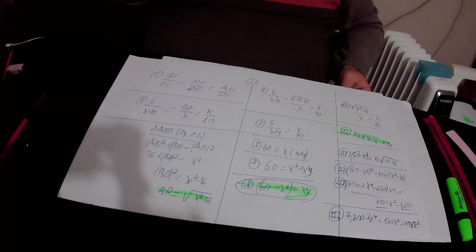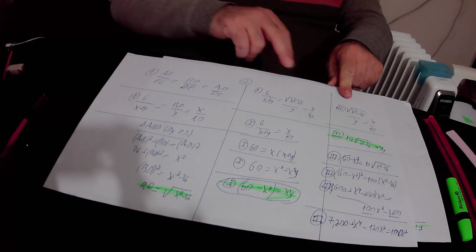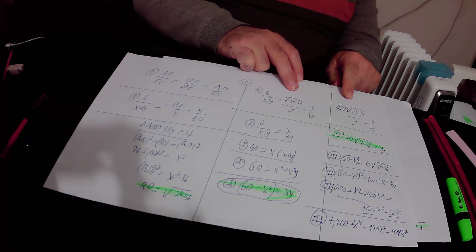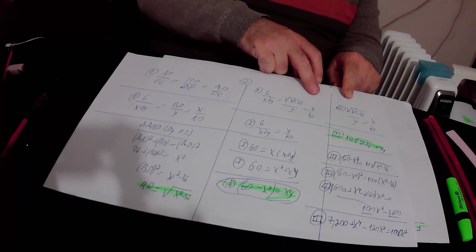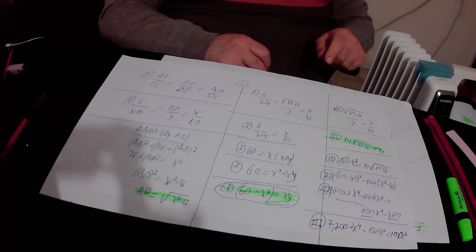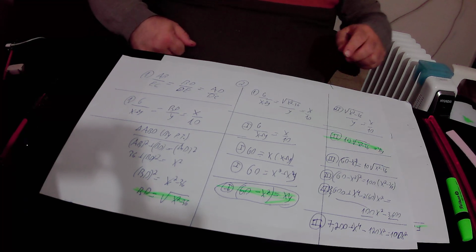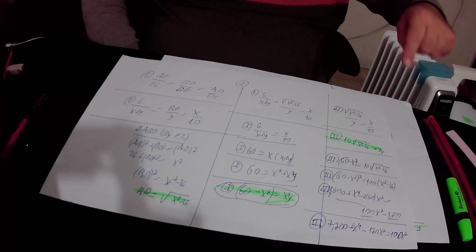According to equation number 2, the square root of x squared minus 36 over y equals x over 10. We cross multiply equation number 2, and we got that 10 times the square root of x squared minus 36 equals xy.